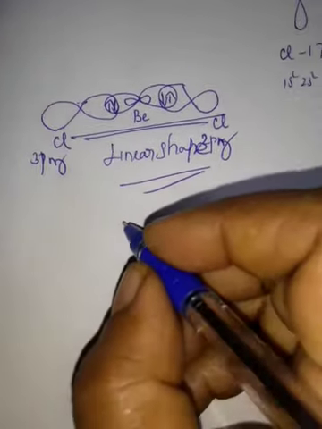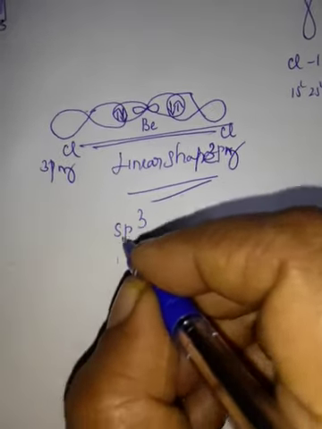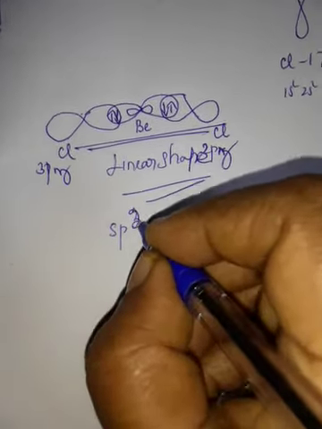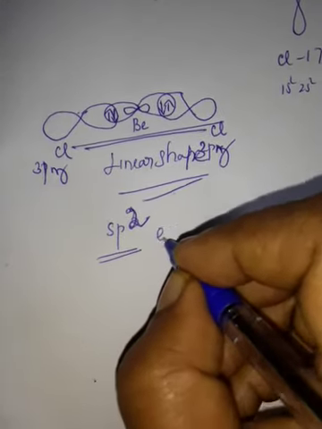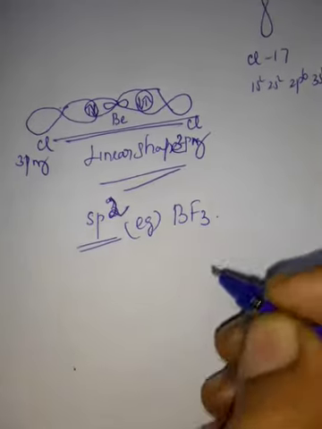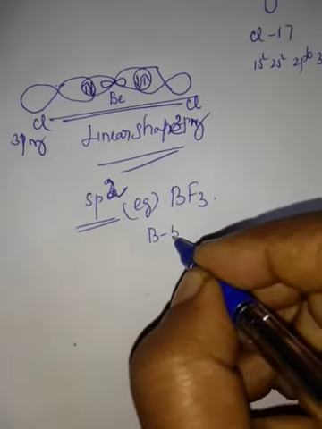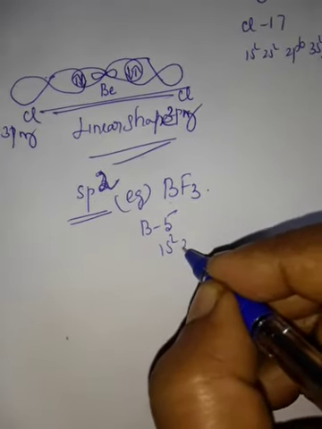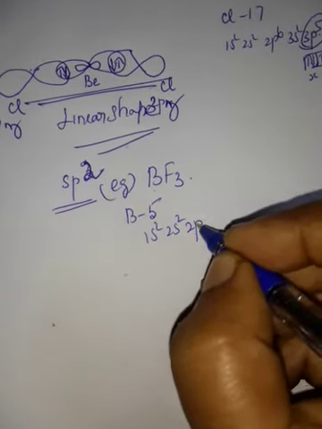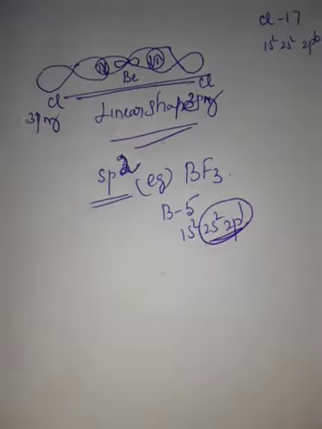Now the same we can see for sp2 hybridization. Best example, BF3. Boron is the central atom, atomic number 5, 1s2, 2s2, 2p1, outermost having 3 valence electrons.